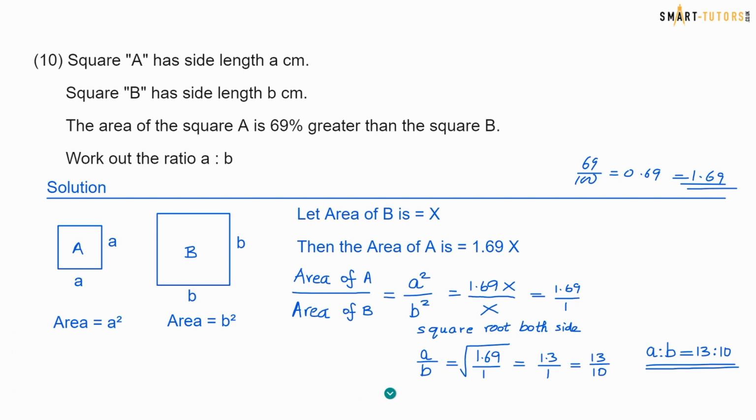Take the square root of both sides. So A squared over B squared becomes A over B. Then take the square root of 1.69 over 1. Square root of 1.69 is 1.3 over square root of 1, which is 1. To make it a ratio and get rid of the decimal, times by 10 top and bottom, which is 13 over 10. So the side ratio A is to B is 13 is to 10. That is the answer for question number 10.